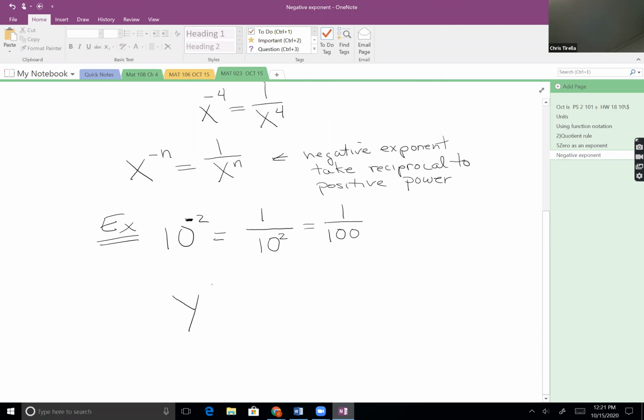If I have y to the -12, I look at that, and usually the directions are going to tell you to write with only positive exponents.